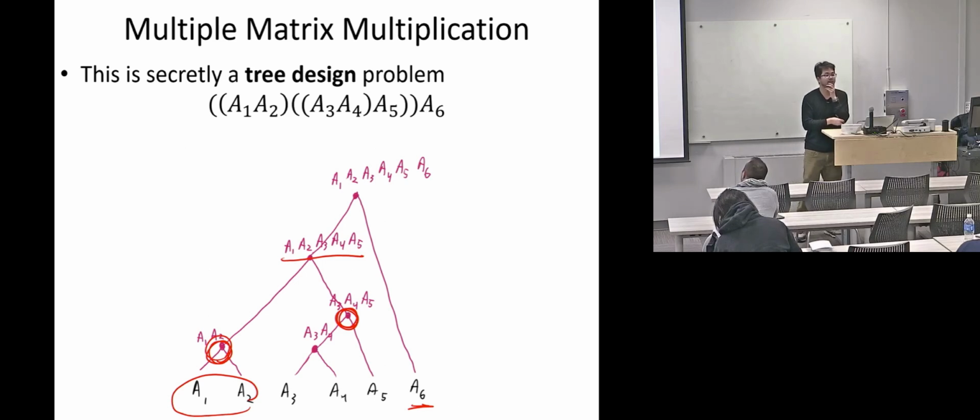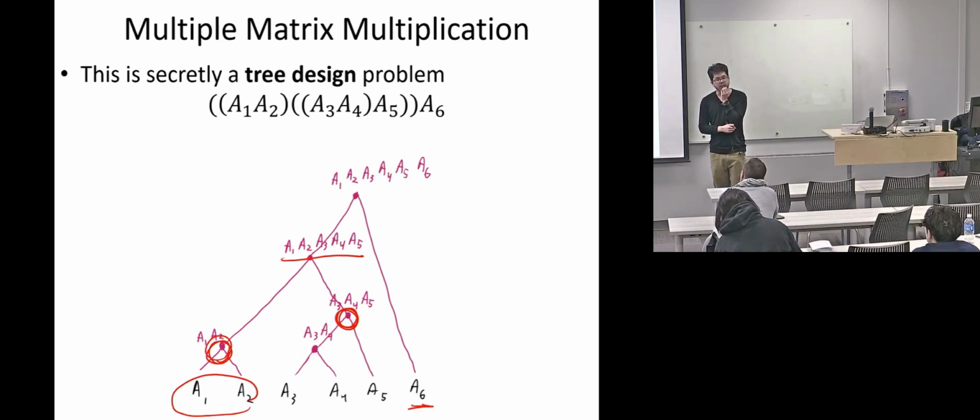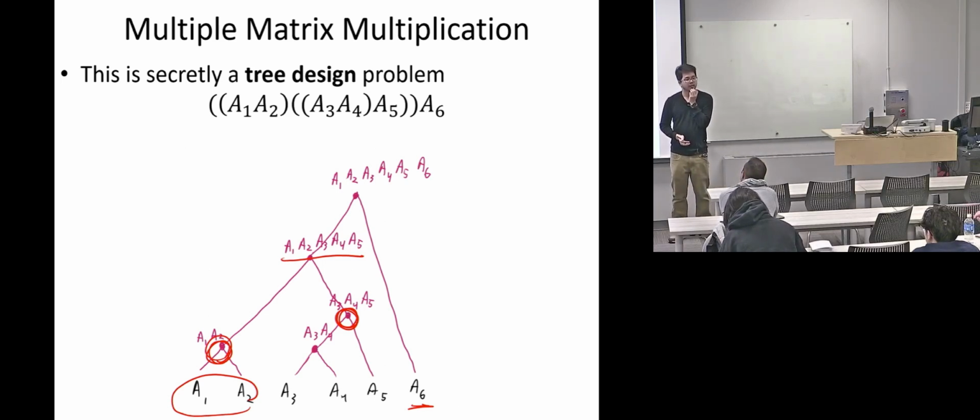Yep. Pick a pair and then compute the runtime of that, and then recurse on the smaller set of the remaining elements and the pair that you just. What do you mean by a pair? Which pair? Two matrices to multiply first.